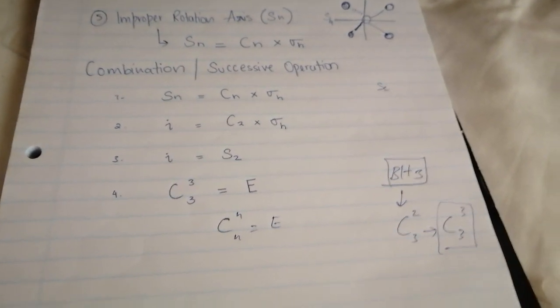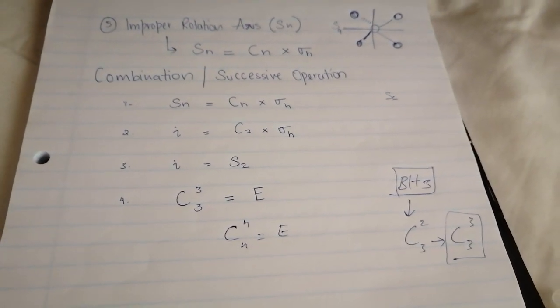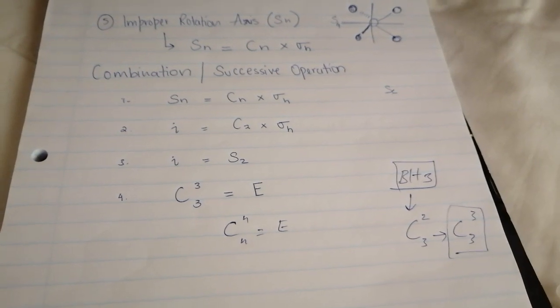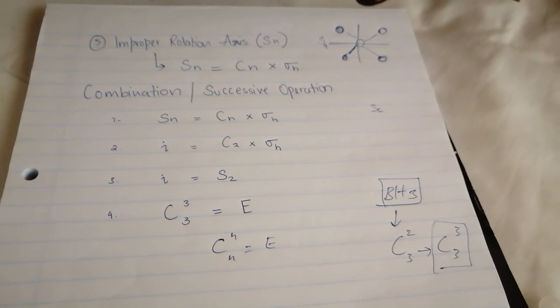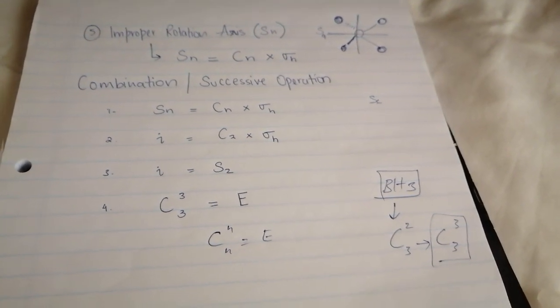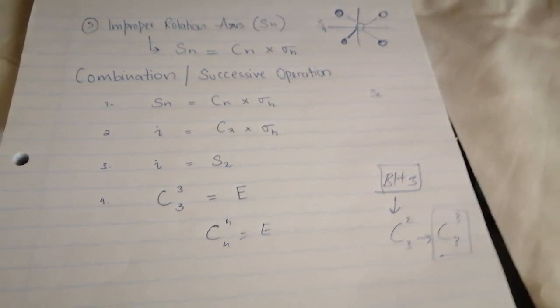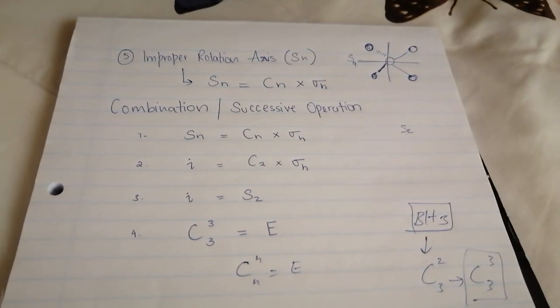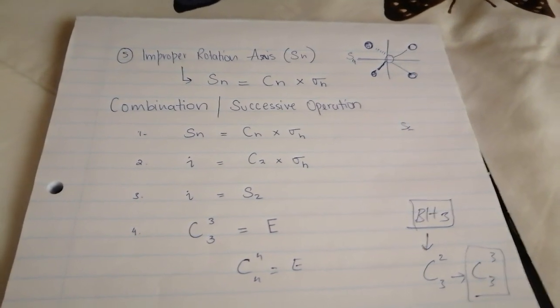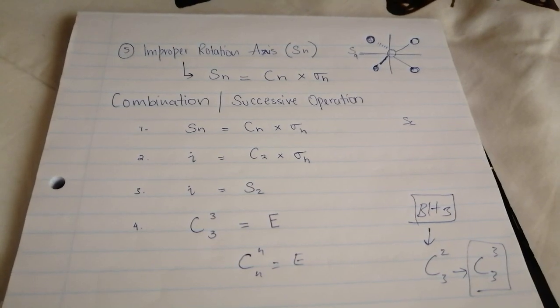Inversion center, equidistant point, for example xyz will invert into minus x minus y minus z, and it is given the symbol I. And then improper axis, rotation by 360 over n, followed by the reflection in the plane perpendicular to the rotation axis. This is your improper rotation, which is given the symbol Sn. So these are your symmetry elements which will help us find the point group.